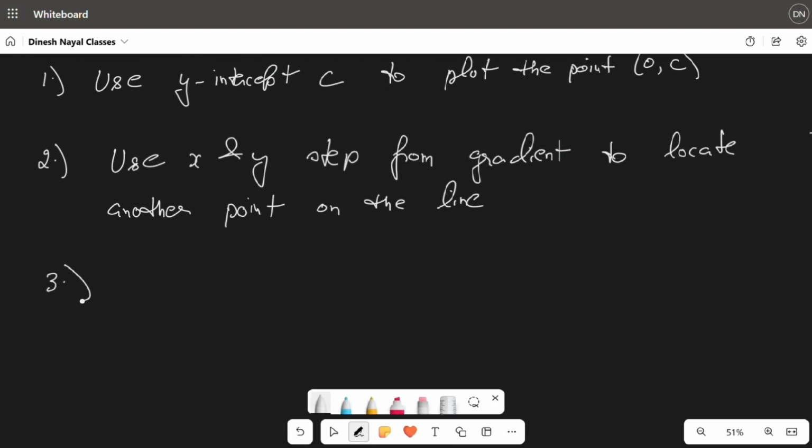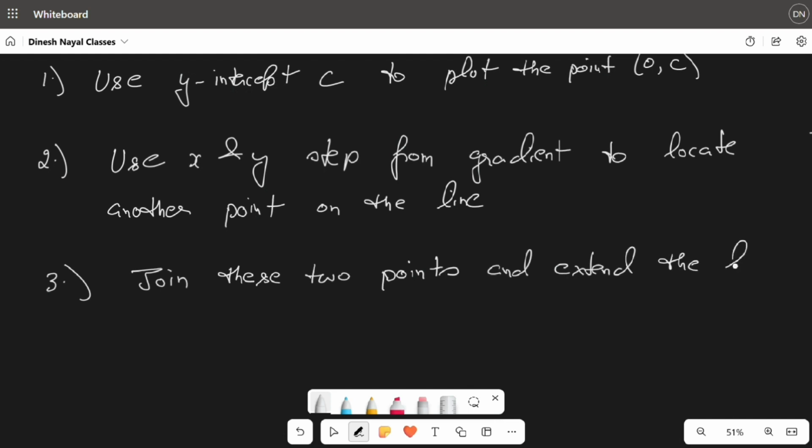And third step, what you will do, you will join these 2 points and extend the line in either direction.